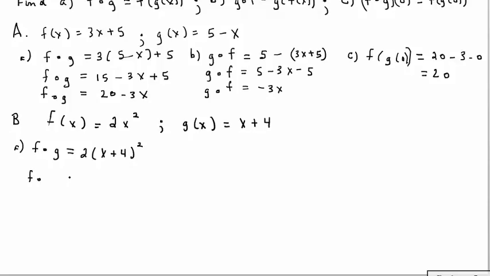We're going to FOIL, multiply, distribute, box this, and then the last step is to multiply the 2 in. Looking good.